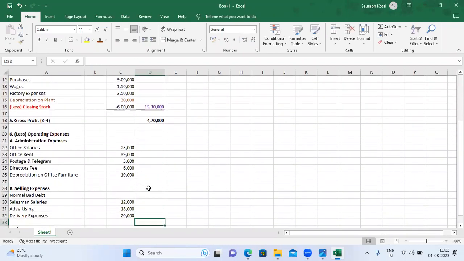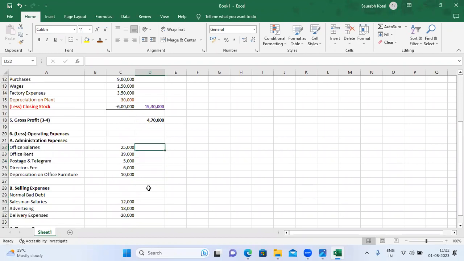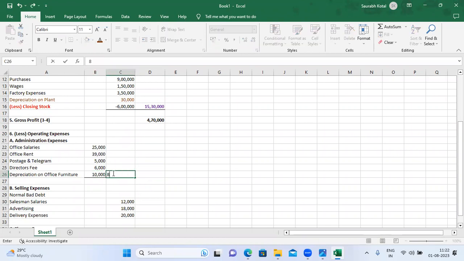Moving on from cost of goods sold. Here, what is the total of administrative expenses? The total of administrative expenses is 85,000. Use your calculator and see what exactly you are getting. You will get 85,000.